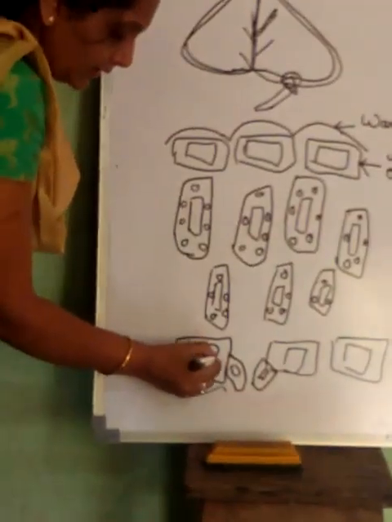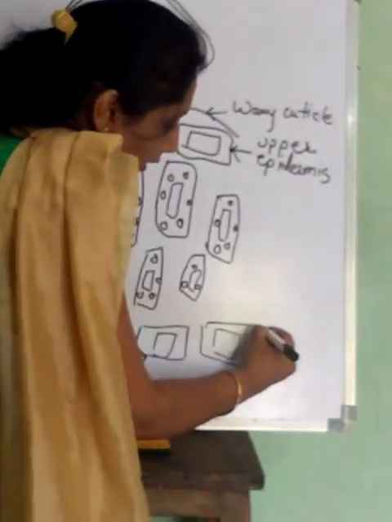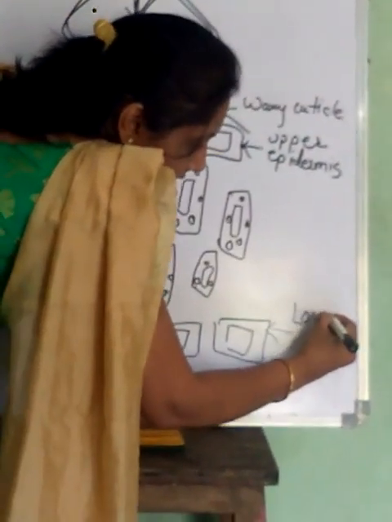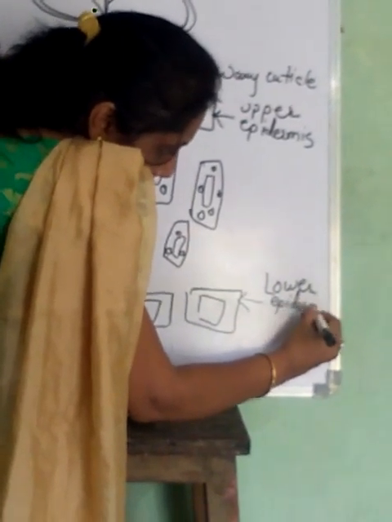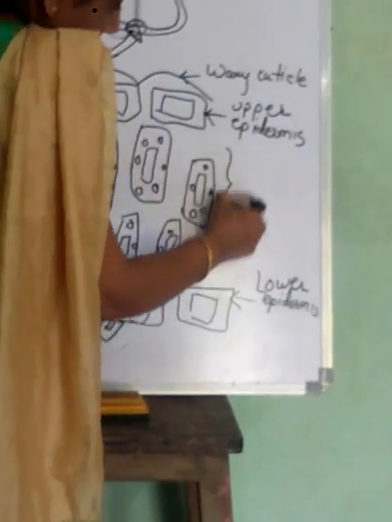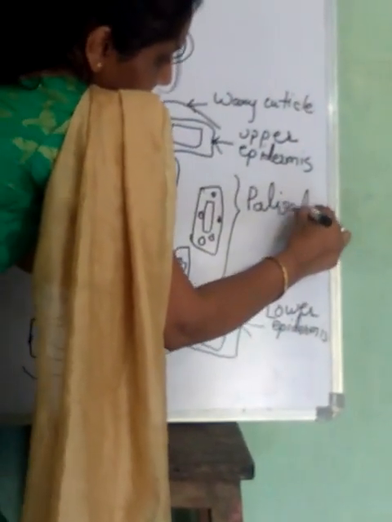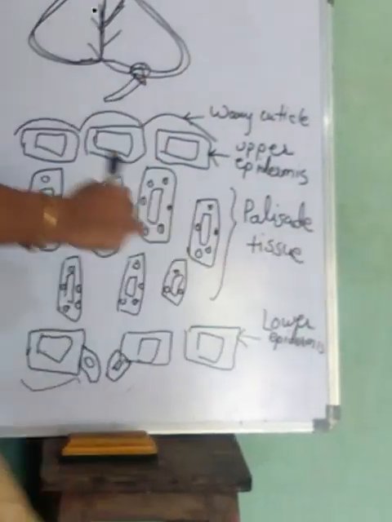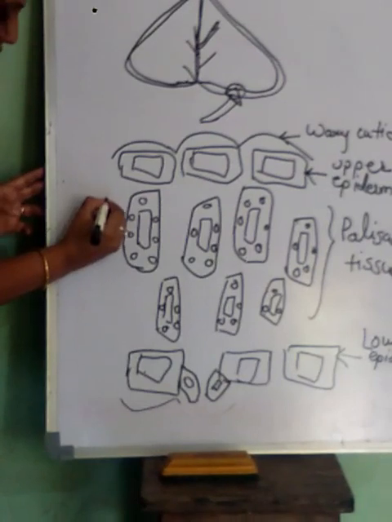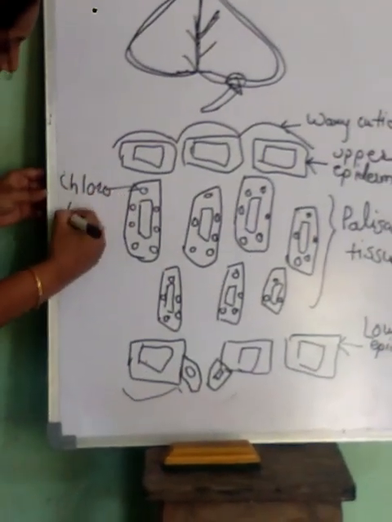So these are the epidermal cells on the lower side, called the lower epidermis. These all are palisade tissues, and the circles present in these palisade tissues are the chloroplasts.